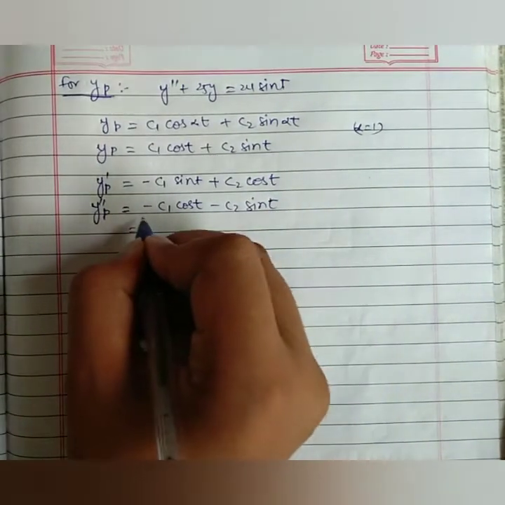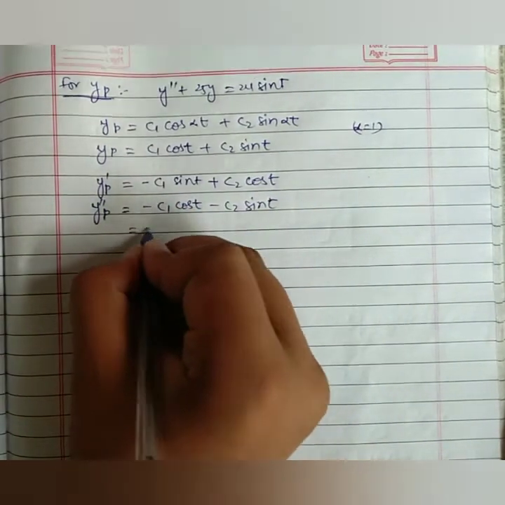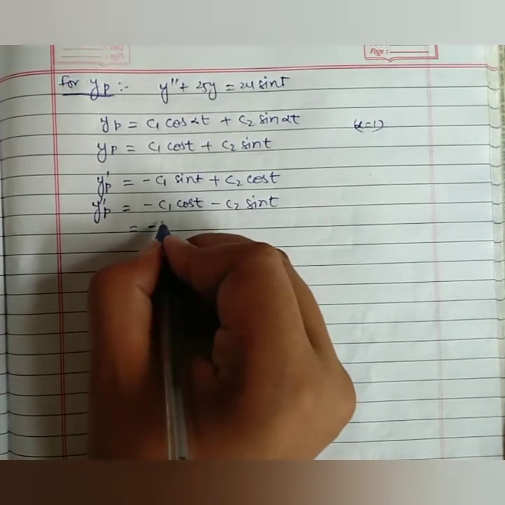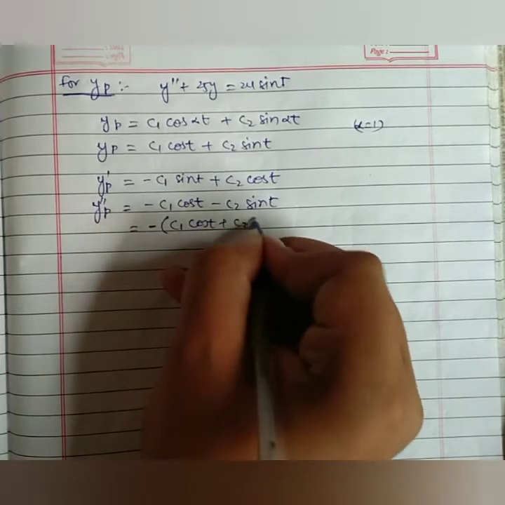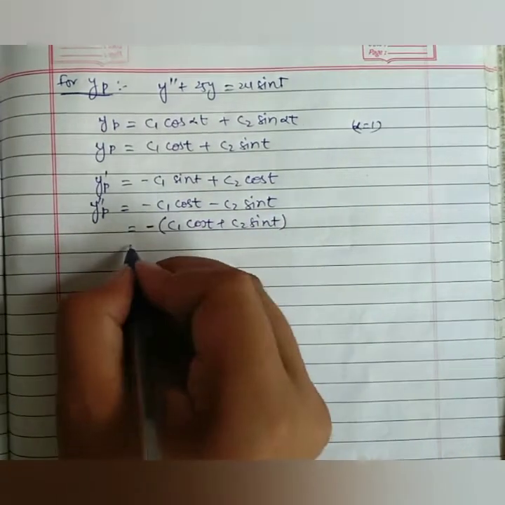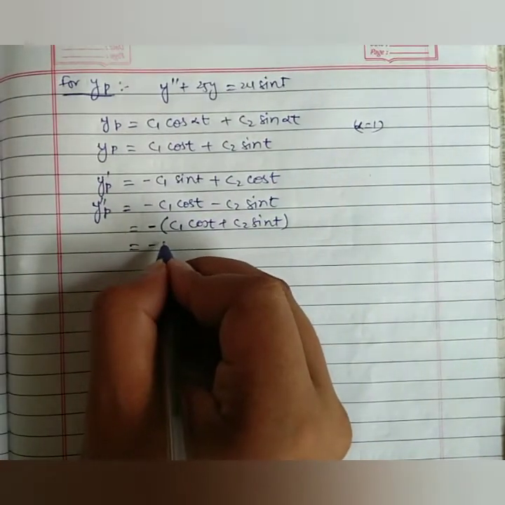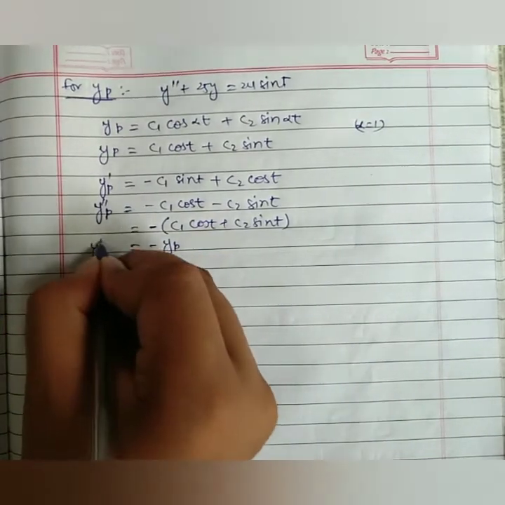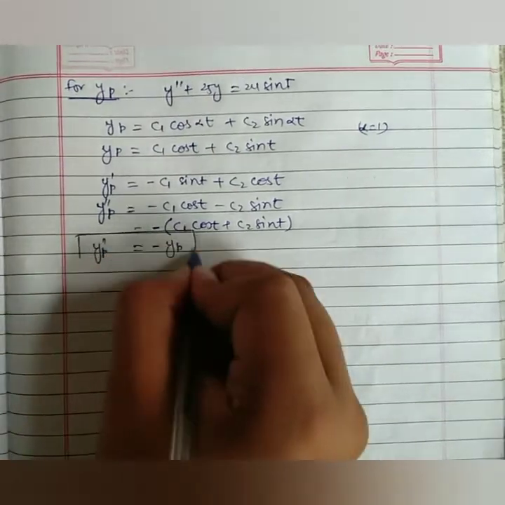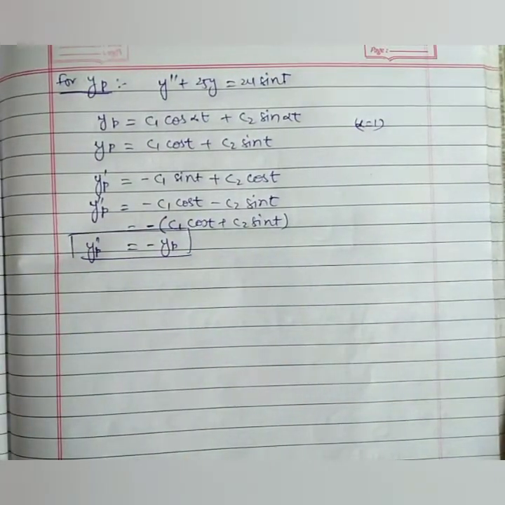When we take the minus outside, it becomes minus of c1 cos t plus c2 sin t, which is minus yp. So yp double prime equals minus yp. Now we will be using this result.